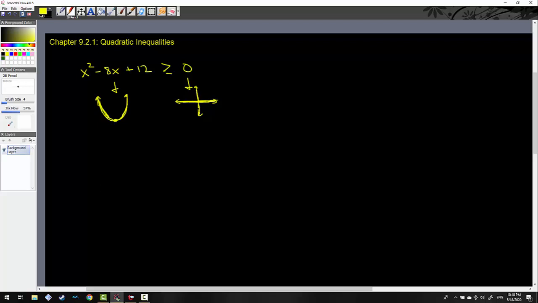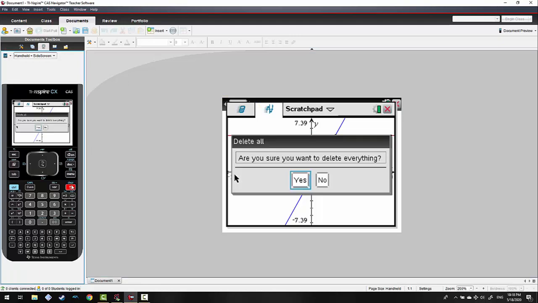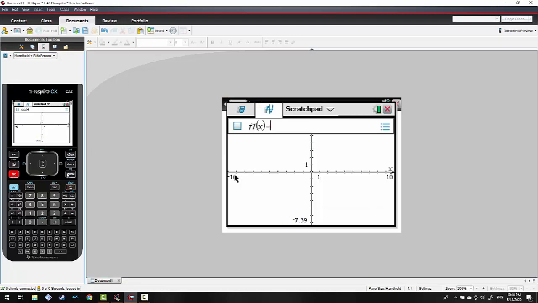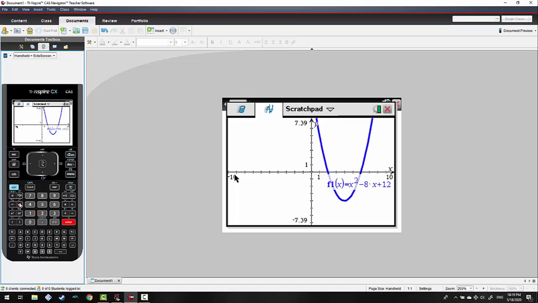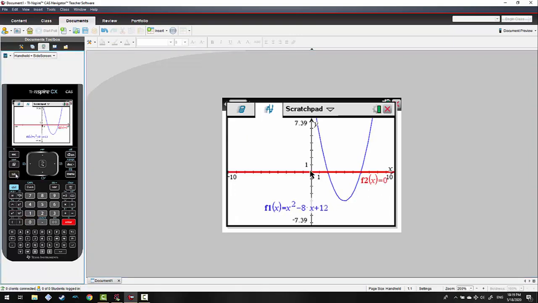Before I do that, let me put them into the calculator and see what happens. I'll delete these guys. It was x squared minus 8x plus 12. Okay, there's our parabola, and I will type in the function 0. Technically, as you get more advanced, you'll realize I don't have to do that. I can just use the x-axis as my 0, but it's not a big deal.